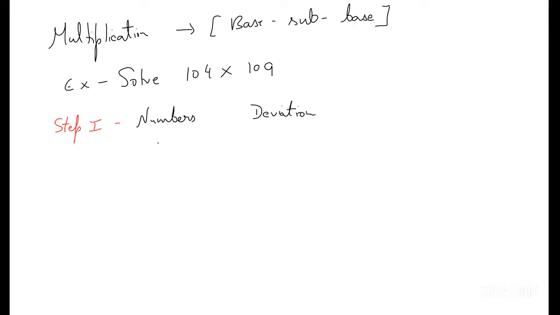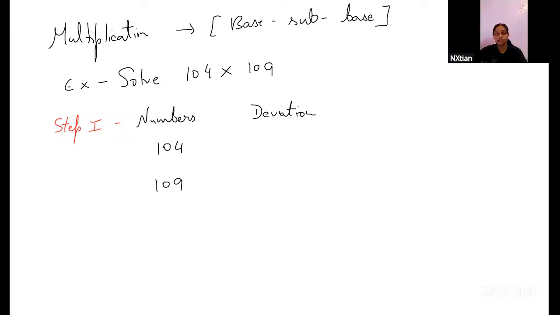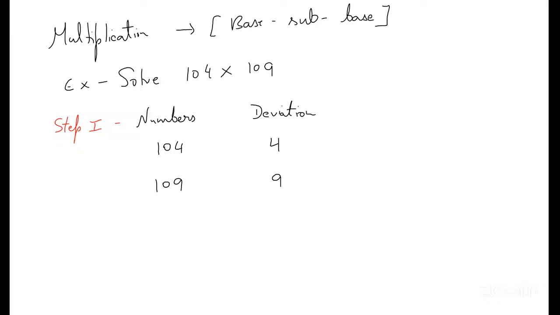Numbers are 104 and 109. In 104, what is the deviation? 4. And in 109, what is the deviation? 9. Okay. So this is the first step.